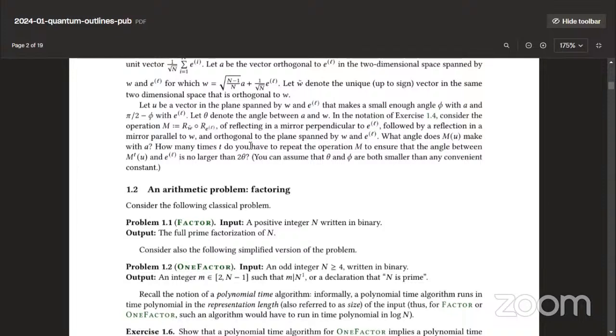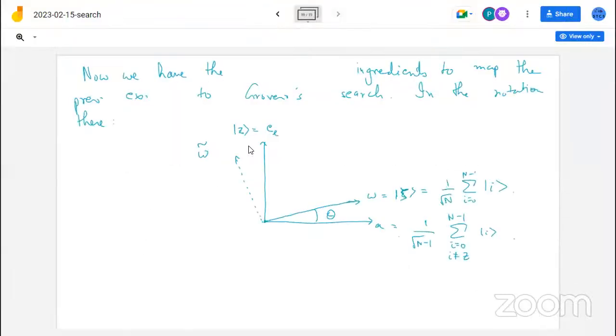So what component does it reverse? The reflection in W hat. W hat is perpendicular to W. So reflection in the mirror orthogonal to W hat. So sorry, the mirror parallel to W.